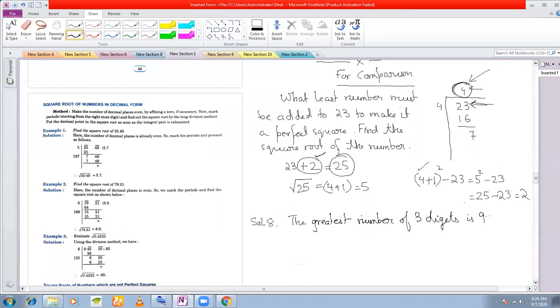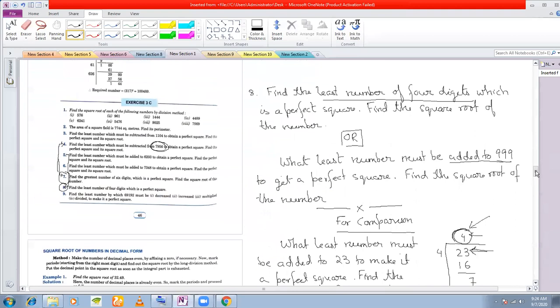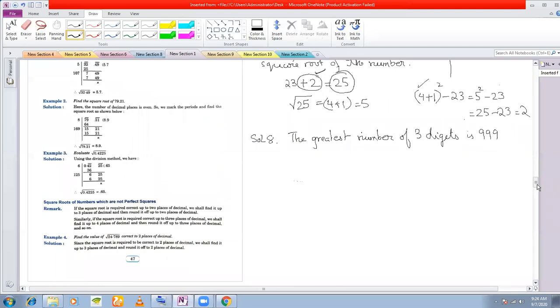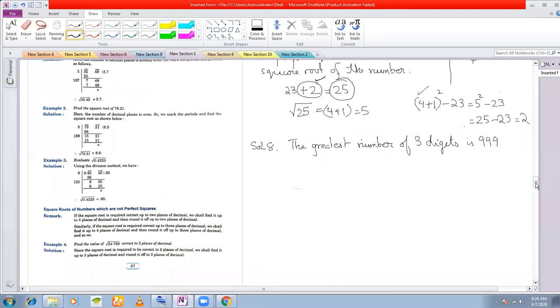Now whatever you add to this number, you'll get the least number of 4 digits, isn't it? That was the question. Find the least number of 4 digits. Whatever you add to 999, you will get the least number of 4 digits. Suppose you add 1, you get 1000, which is the least number of 4 digits.